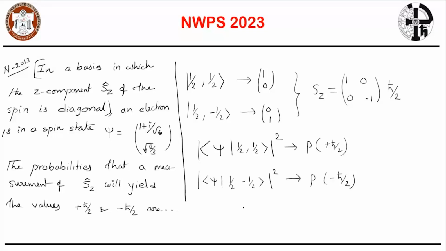You mean if the basis is changed, what to do? You know (1, 0) and (0, 1) are the eigenfunctions for this matrix. If you are looking at Sx and Sy, what are the eigenfunctions for Sx and Sy? That you have to see. And I hope you all know the S matrices. Let me write the S matrices.